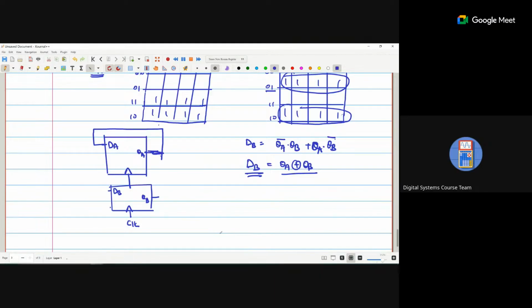And for DB, we require QA and QB. Take an XOR gate and connect it with QB. Okay, so we will design a circuit like that.